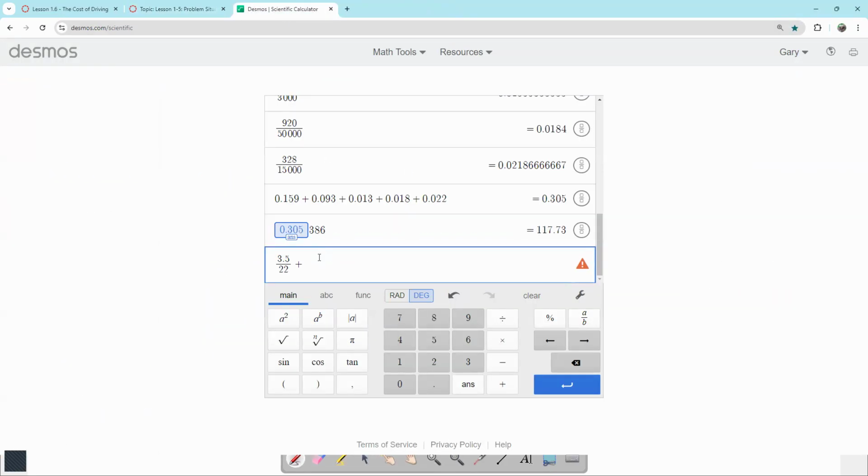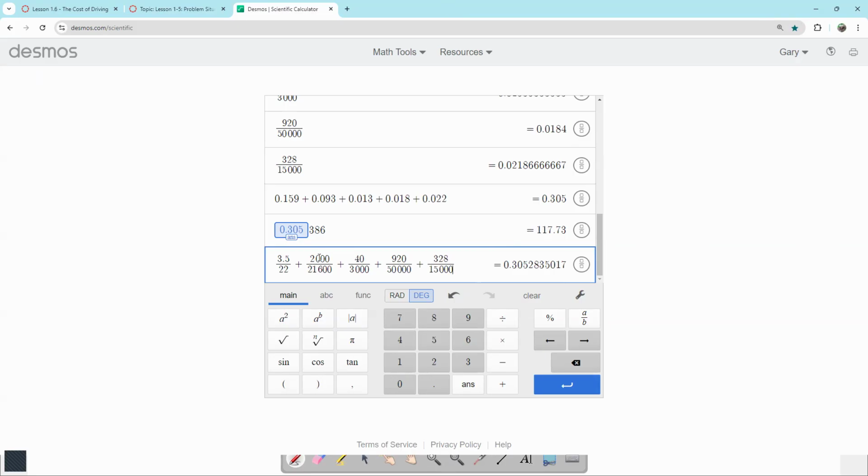The next one was 40 divided by 3,000. And 20 over 50,000. Next one's 28 divided by 15,000. And we get pretty close to the same answer.